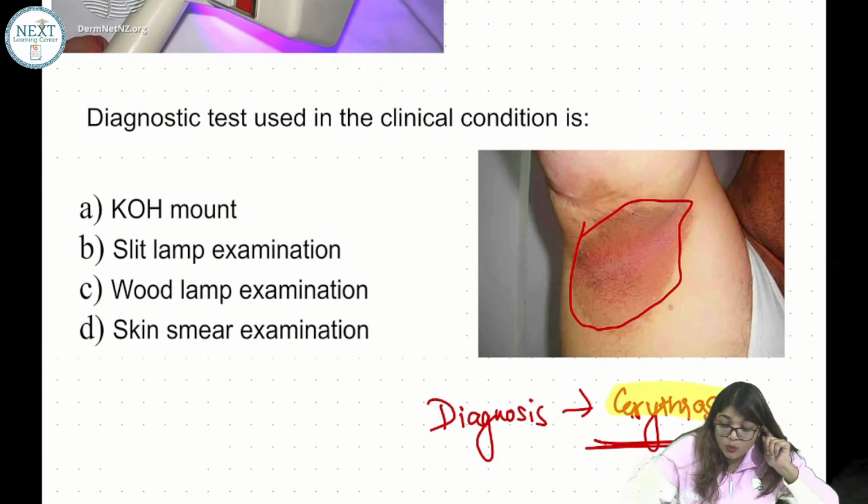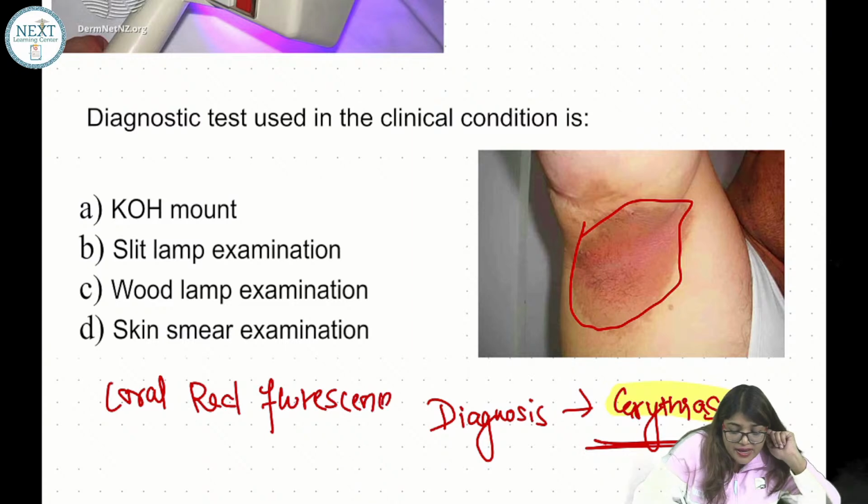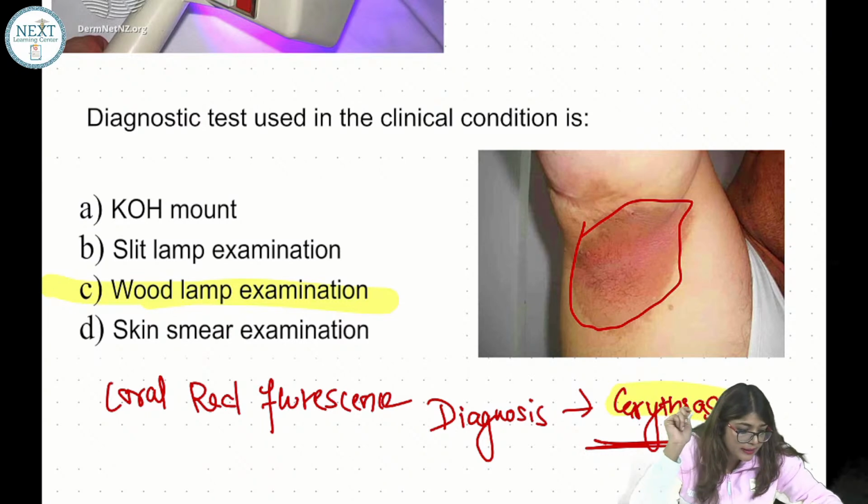There is coral red fluorescence. So can you see, this is an indirect question, but very easy, seen on Wood's lamp examination. Very good. So yeah, it is caused by a Corynebacterium, right?